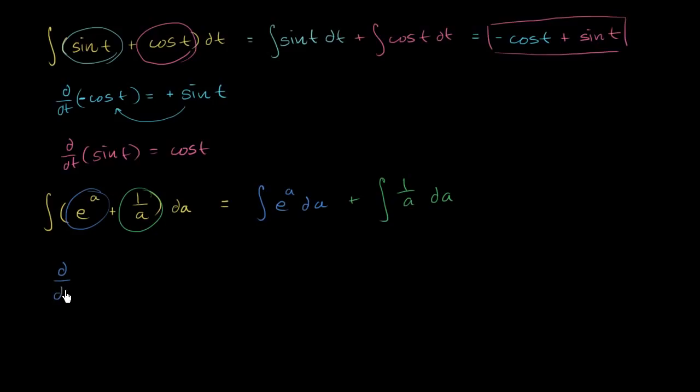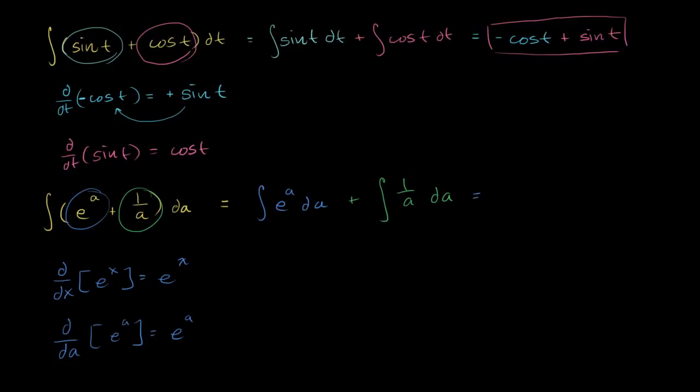The derivative with respect to x of e to the x is equal to e to the x. That's one of the reasons why e in the exponential function in general is so amazing. And if we just replaced x with a, you get the derivative with respect to a of e to the a is equal to e to the a. So the antiderivative is going to be e to the a, and maybe you could shift it by some type of constant.